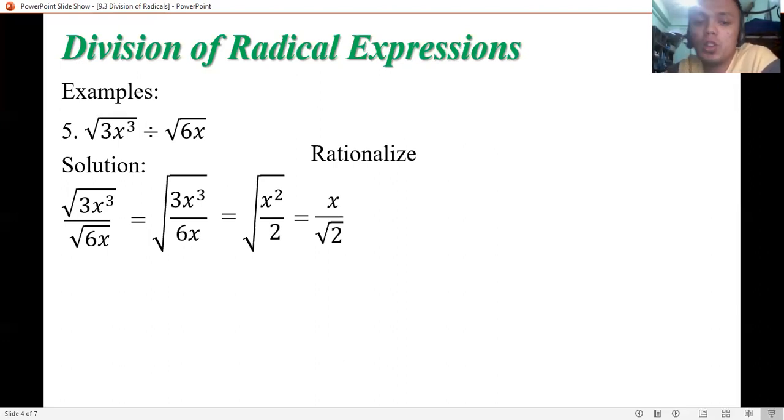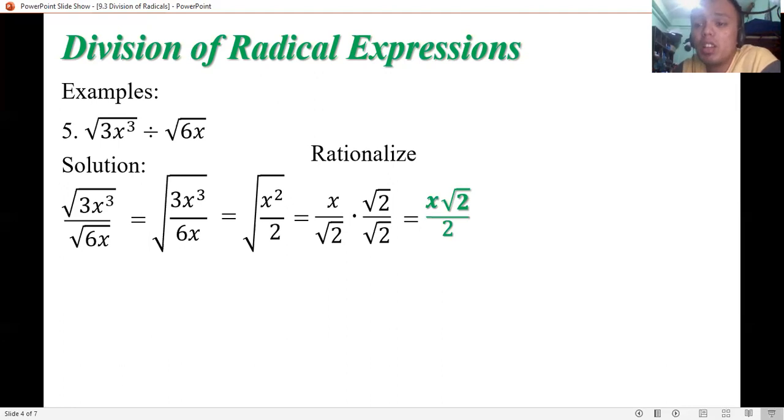So we multiply by square root of 2 over square root of 2, numerator and denominator. X times square root of 2 is x times square root of 2, over square root of 2 times square root of 2, which simply becomes 2.